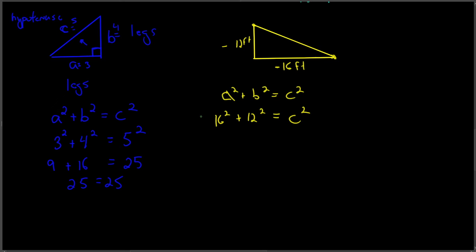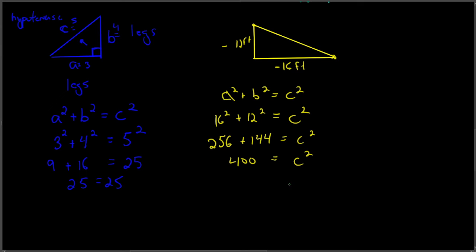Well, 16 squared, run to my calculator, is 256. And 12 squared is 144. So I add these together, and I get 400. So c squared is 400.